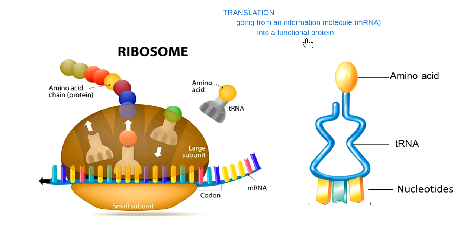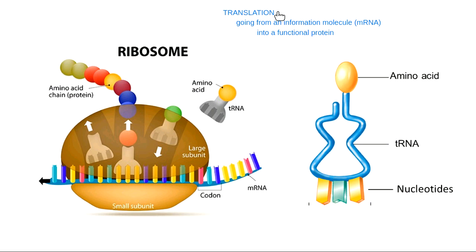If you remember when we were talking about RNA, we said that there were three different kinds of RNA. There's the RNA that's informational, that's the mRNA. That's what we made in the process of transcription. When we do the process of translation, we use another type of RNA.